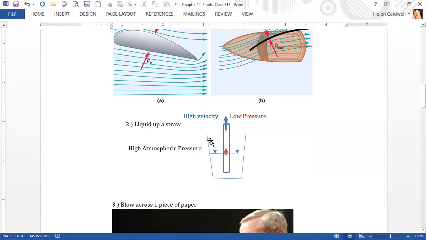So we have high atmospheric pressure pushing down. And so the high pressure pushing down is stronger than the low pressure inside the straw, so the liquid gets pulled up the straw. It's forced up the straw.